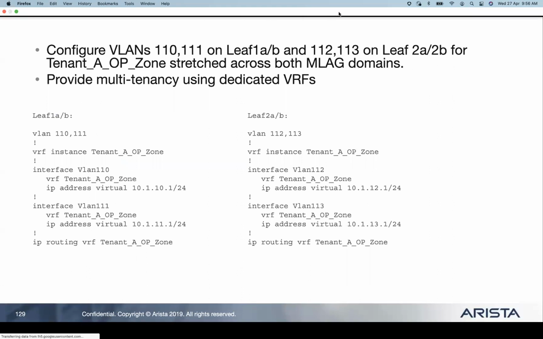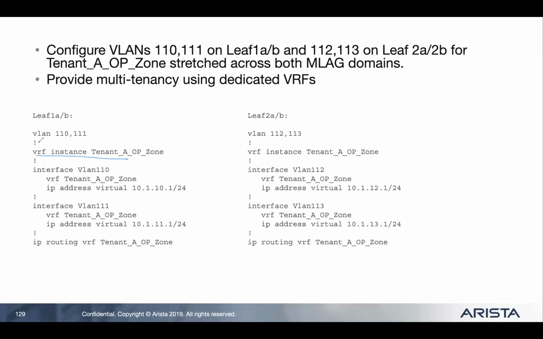So these are the common configs with symmetric IRB. Both of your VLANs should be in VRF A. So here 110, 111, and on the other side, leaf 2A, 2B, 112, 113 are also part of VRF A. So basically all the communication is in the same VRF. Okay, VRF A.